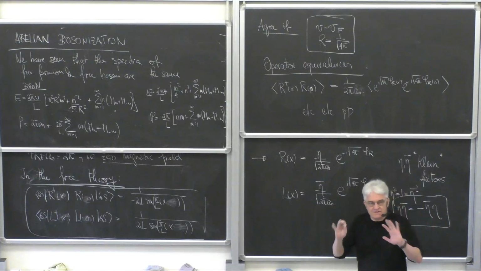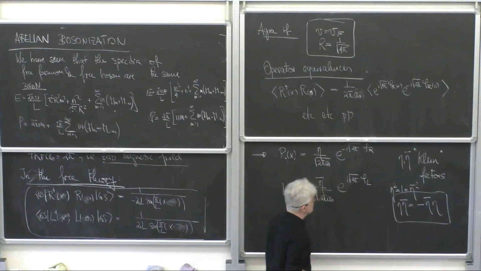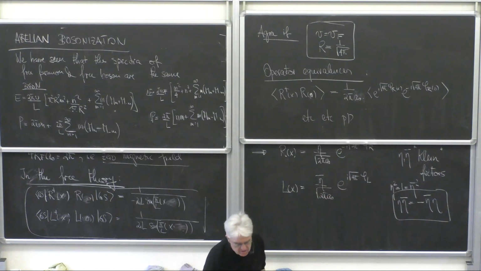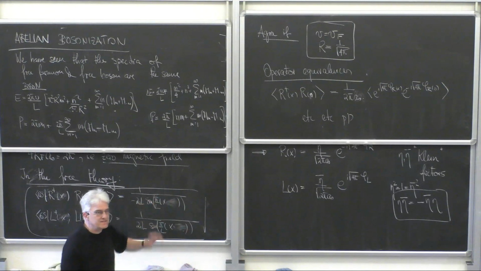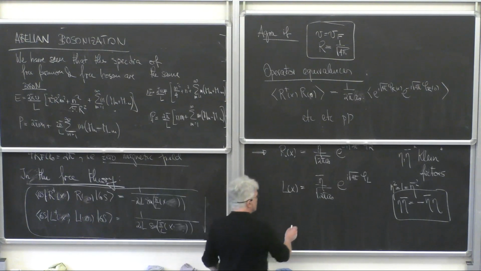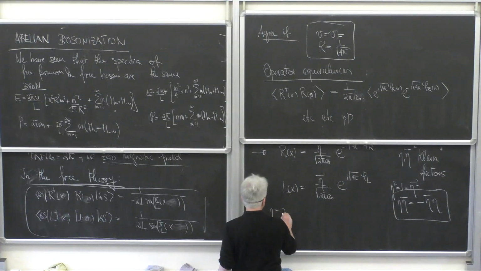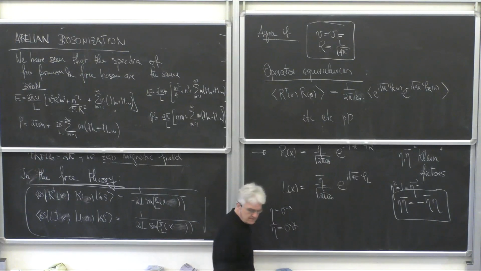So now everything is great. But you might say, well, what are these Klein factors? Do they exist? You're just writing some junk. A very easy way is you can take eta is sigma x and eta bar, you can take sigma y or something like this.